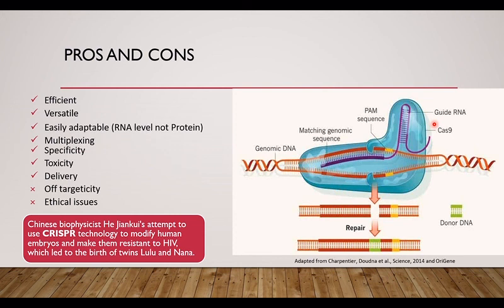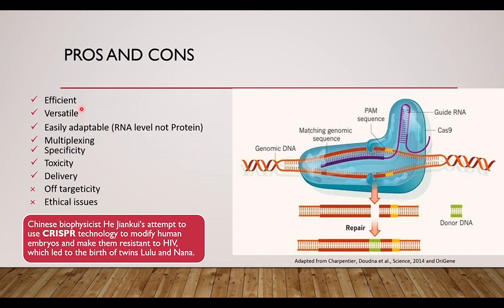With this, I have included a case study of a CRISPR baby that was made resistant to HIV by a scientist called He Jiankui. Using CRISPR technology, he made two babies, Lulu and Nana. They are both resistant to HIV, but he did not conduct proper trials.